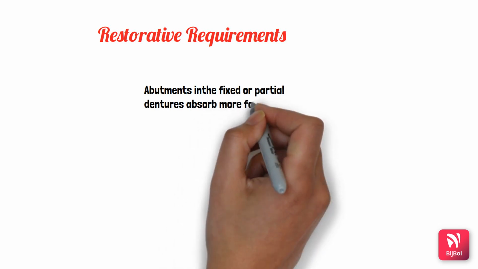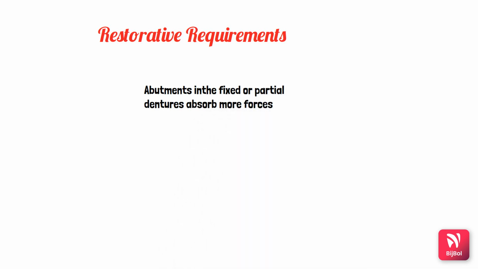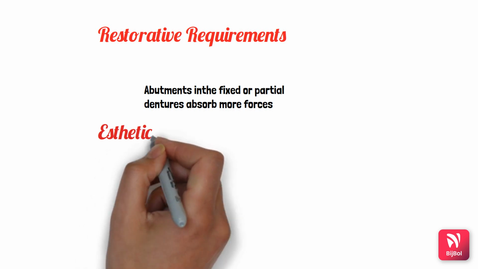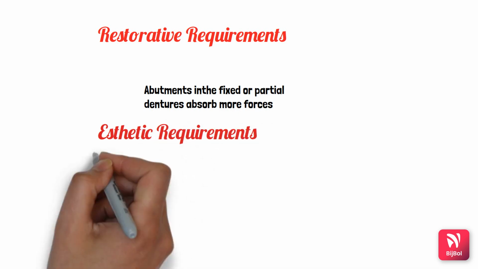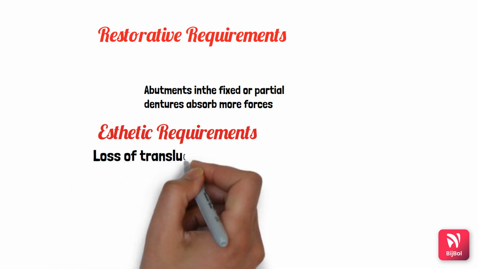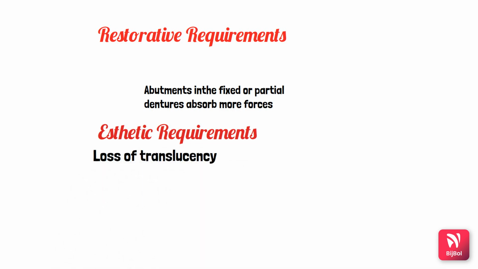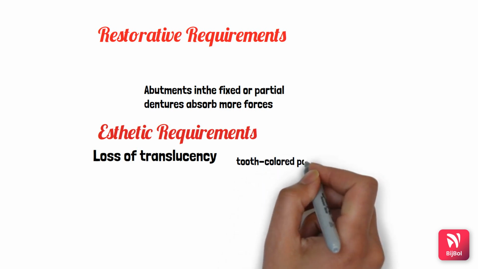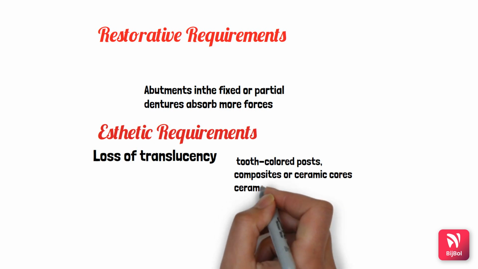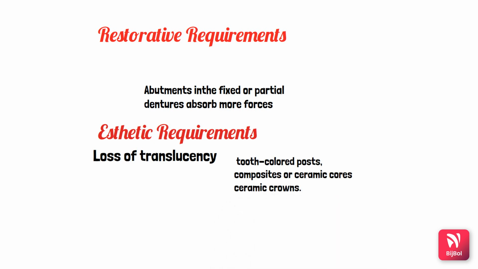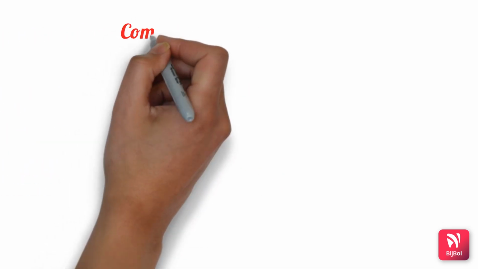Whereas aesthetic requirements are considered if there is a loss of translucency and discoloration in endodontically treated teeth, especially in the aesthetic zone, which requires restorative materials like tooth-colored posts, composites, or ceramic cores or ceramic crowns. So these all are the restorative treatment planning for the endodontically treated teeth.